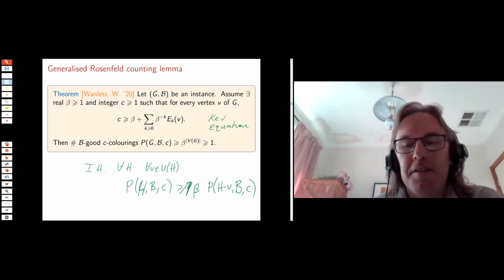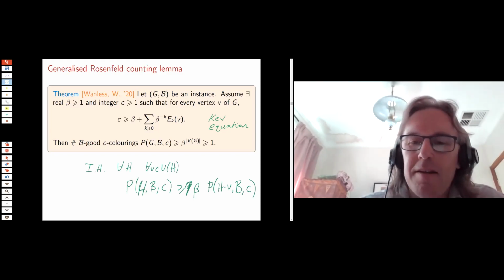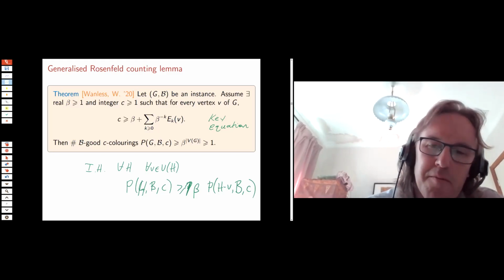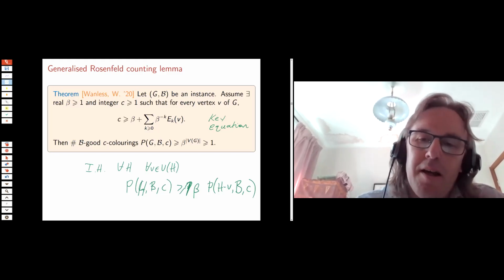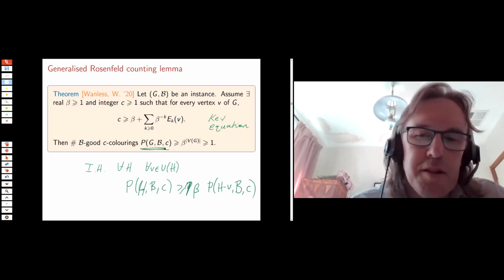Right, it's exactly the same principle as that previous proof, where you define a beta, and whenever you delete a vertex, the number of colorings that are B good goes up by a constant factor, and the constant will be beta. So this is the notation we use for the number of B good C colorings.